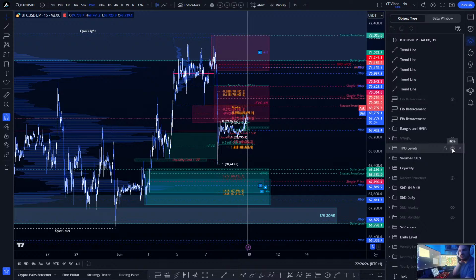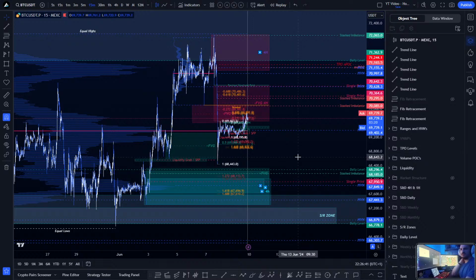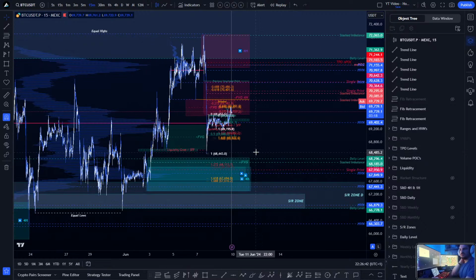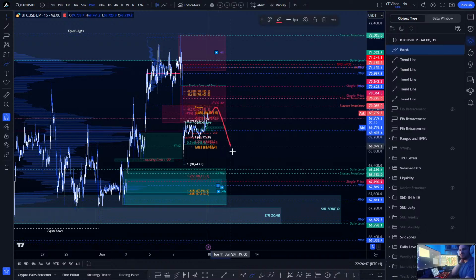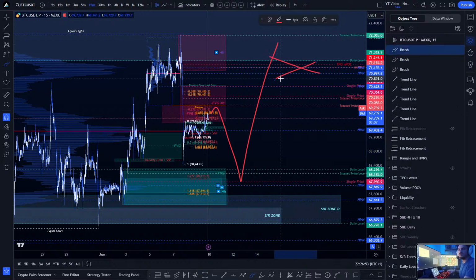Keep in mind, we do have stacked imbalances on the breaker block. And we do have stacked imbalances down here. So there's a very high chance we just come here, come down, come up, and just violate all of this.